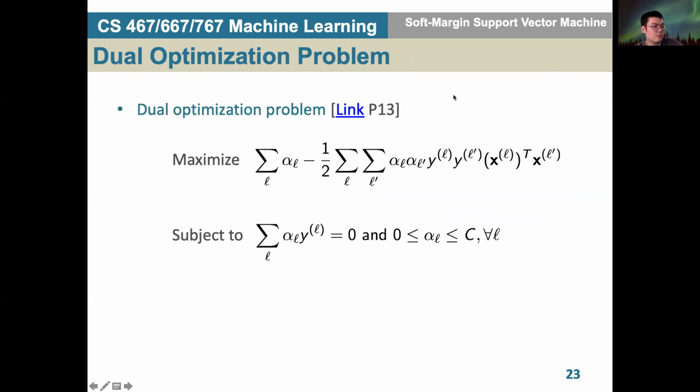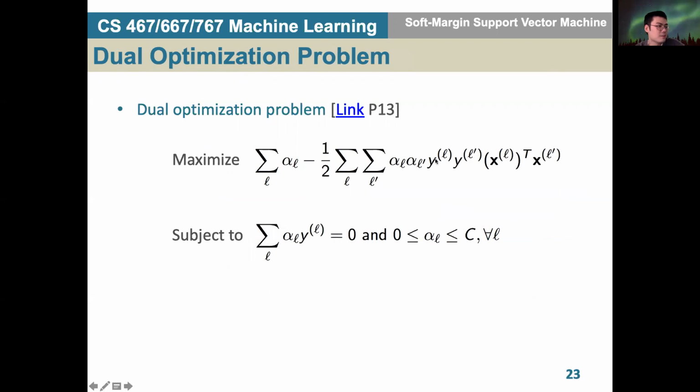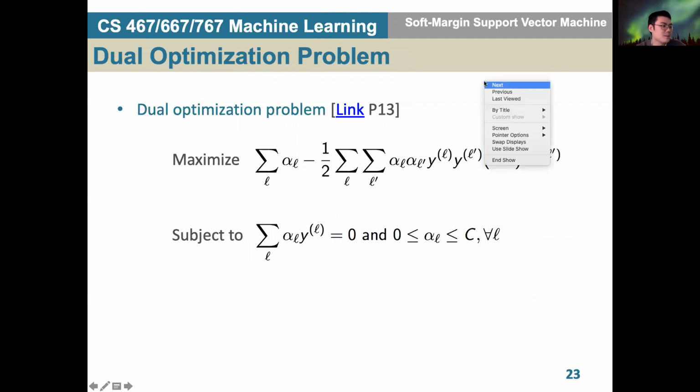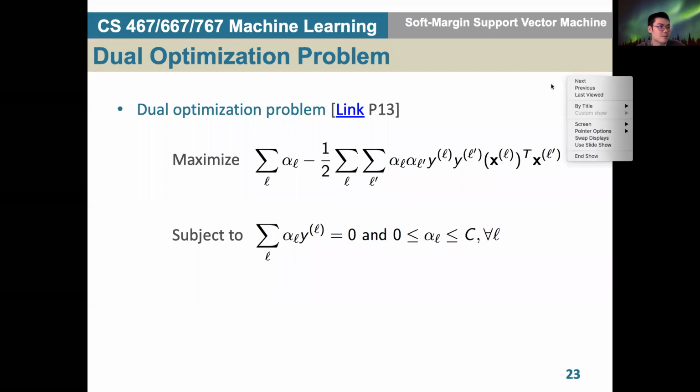Okay, so this thing has a dual form. This term looks exactly like before. Who can see the difference here? Can anyone see the difference from our previous derivation? Let me go to the previous derivation.